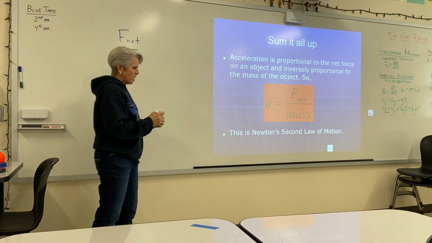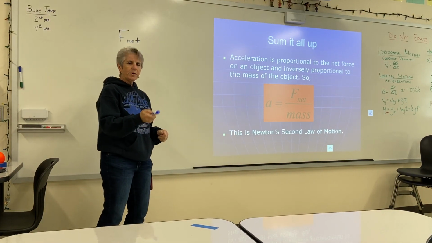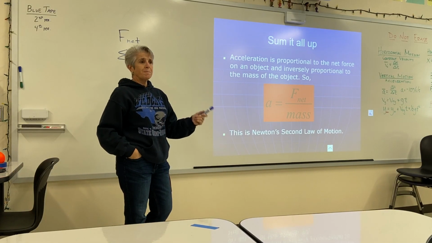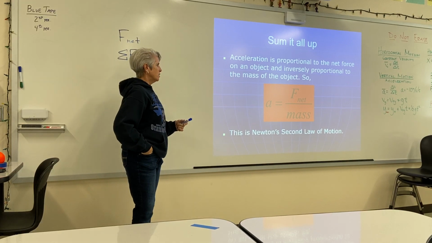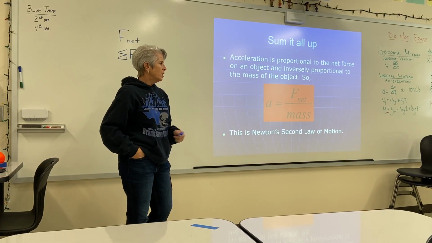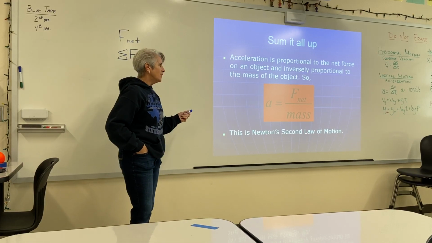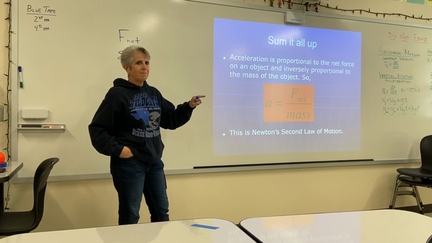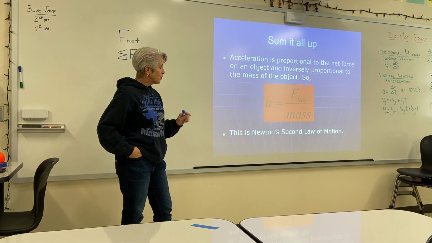So if we put together the idea that acceleration is directly proportional to force and inversely proportional to mass, along with our net forces, we get the equation for Newton's second law. It says that the acceleration of an object is equal to the net force divided by the mass. This is Newton's second law.